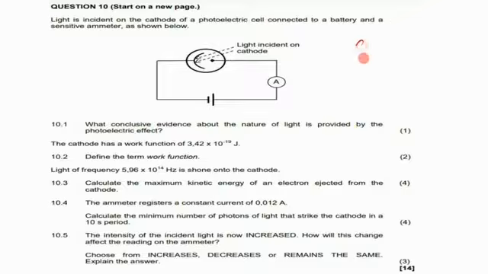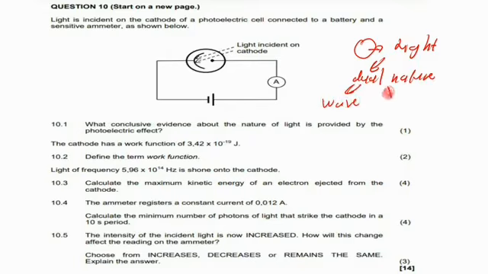When we look at this topic, we first find out that light has a dual nature. What do we mean by that? We mean that light can appear in the form of a wave, and it can also appear in the form of a particle.